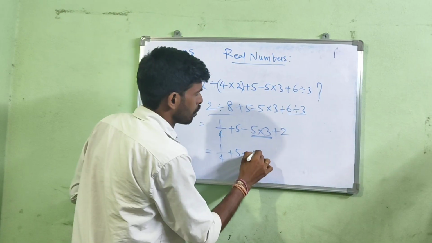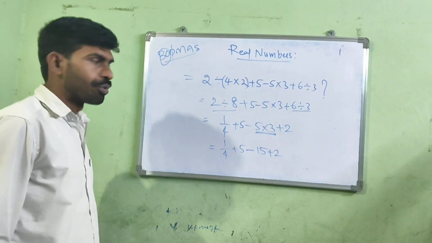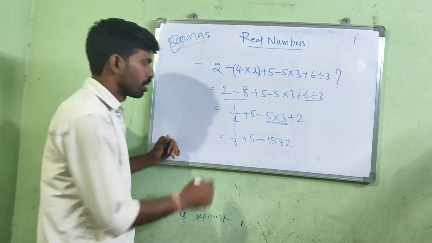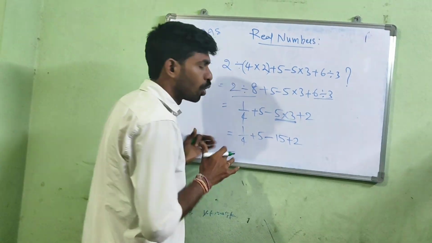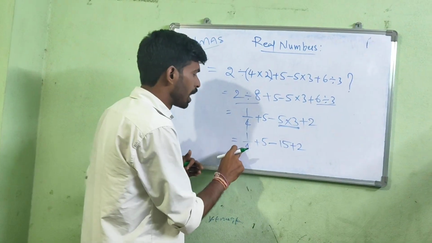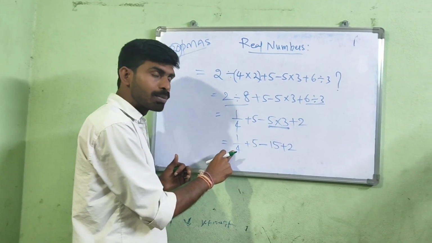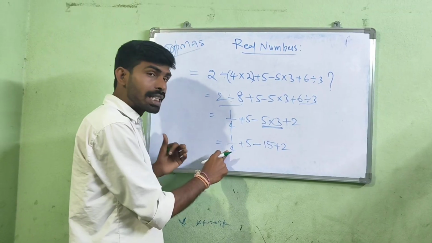15 plus 2. Now next is the addition operation. We need to add all the plus numbers. Plus 5 and plus 2 is 7. And this is also plus, right? There is no sign, which means there is a plus sign.